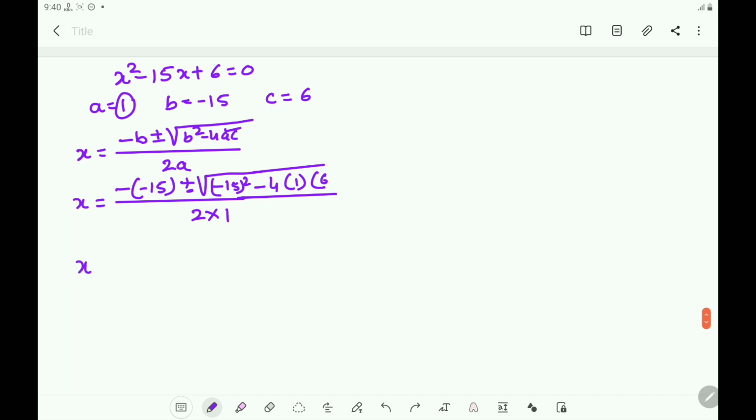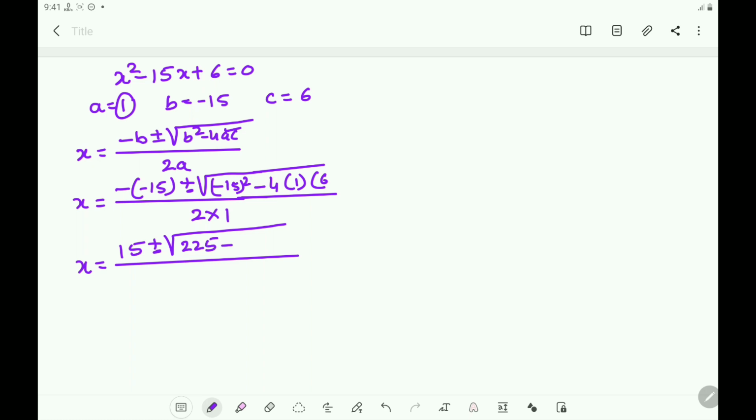Then x equals minus of minus, that becomes plus. So it is plus 15. So write 15 only. Then you write plus or minus whole root. Minus 15 whole square is 15 into 15 is 225.